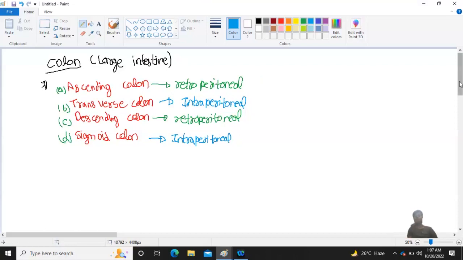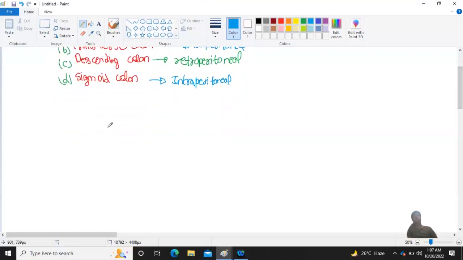Now first we cover some features of this. We want to take the histologically important change. Last time we did this.